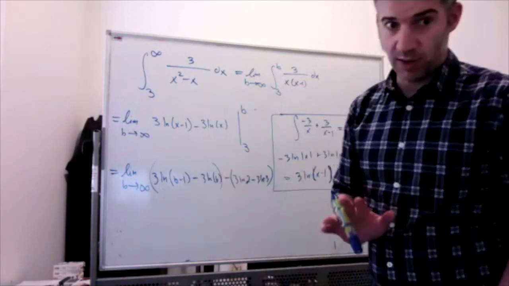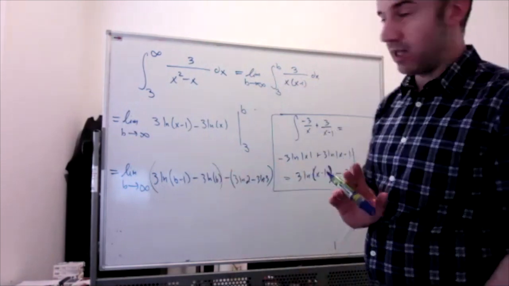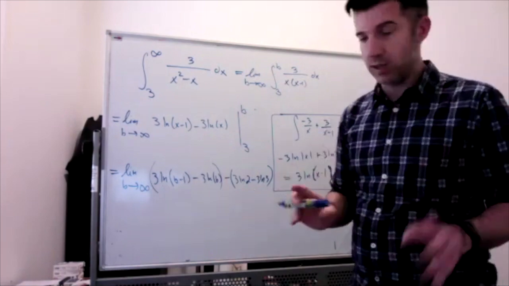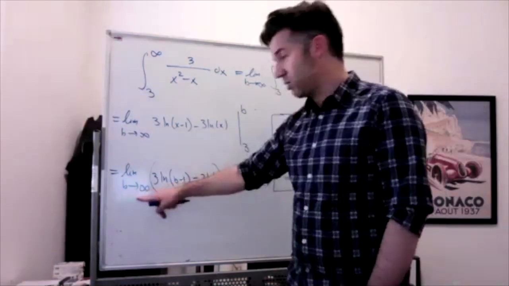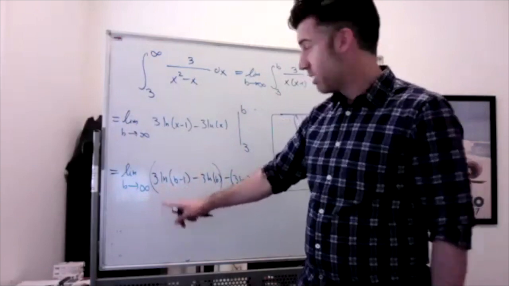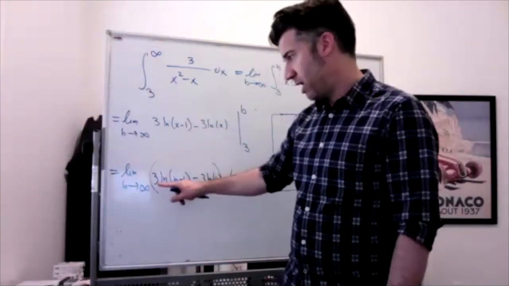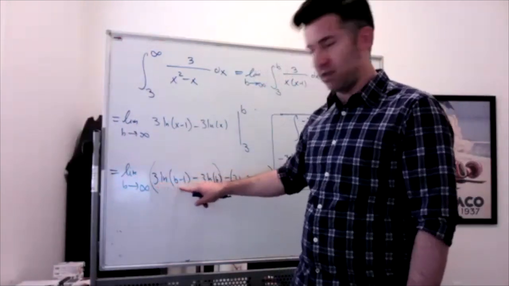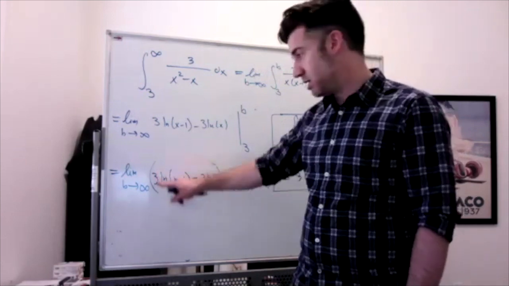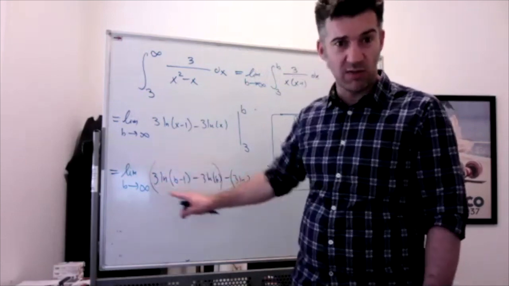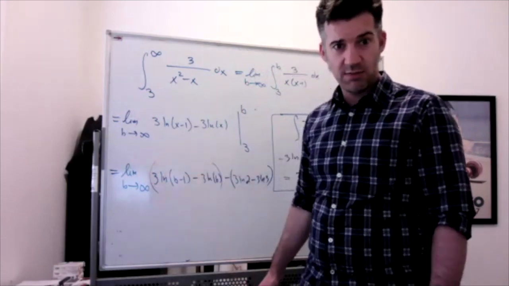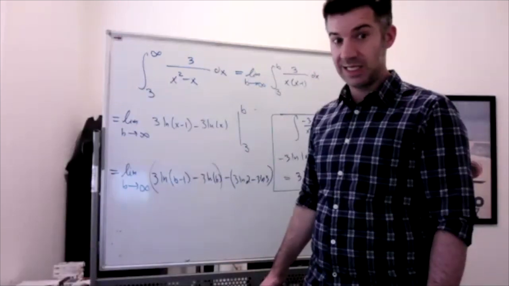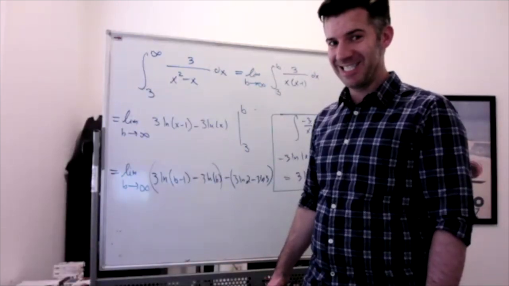Okay, so let me ask you guys, just answer the question. As b goes to infinity, what happens to 3 natural log of b minus 1? Does this converge to some number, or does this go to infinity? Does it go to infinity?